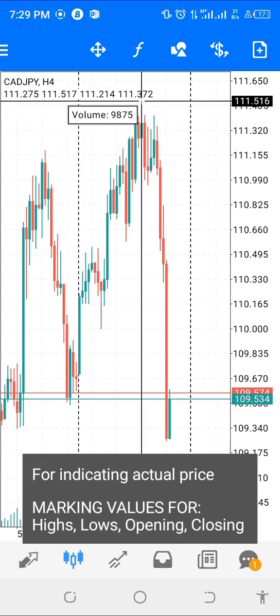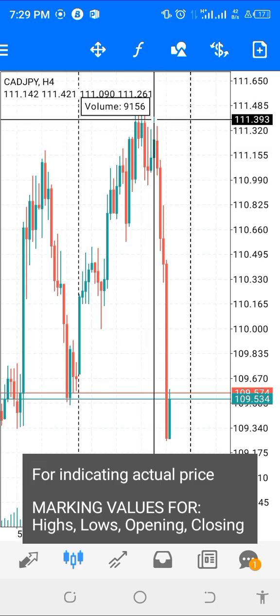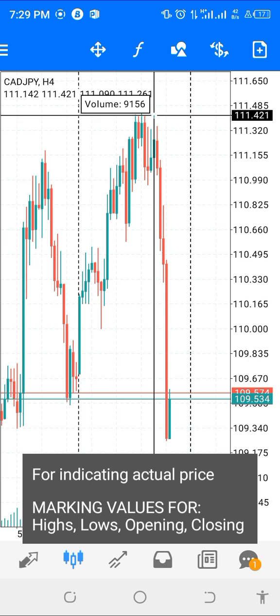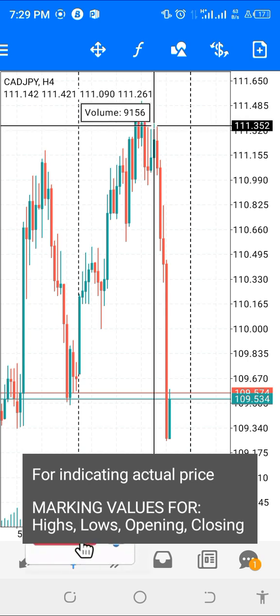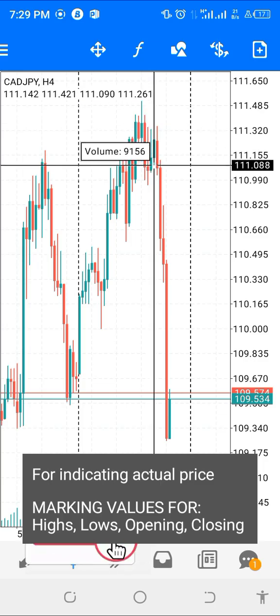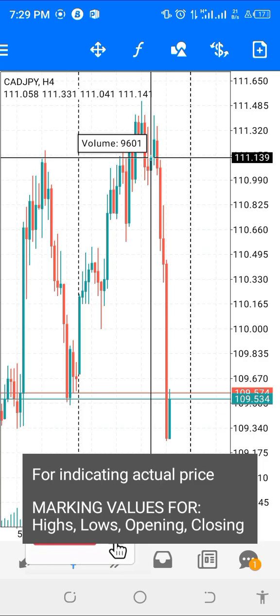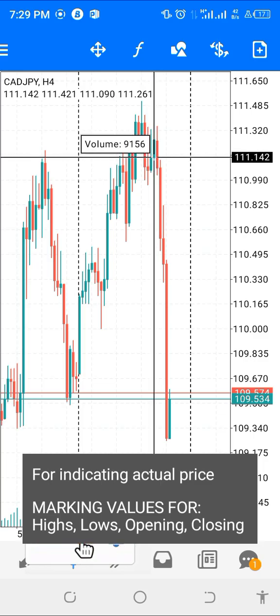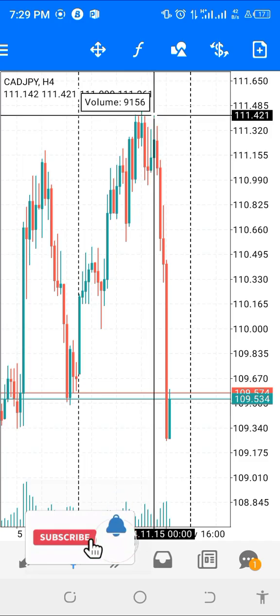So the crosshair you can use to know the exact price or price quotation at a particular key level in the market, either the high, the low, or the open. You see the open here and the close. So I can just use it to mark, okay, this is it, and I know what I'm doing.